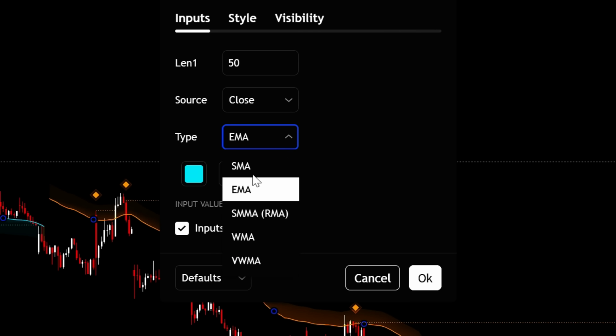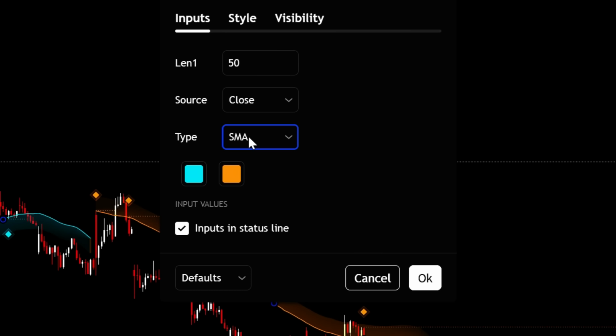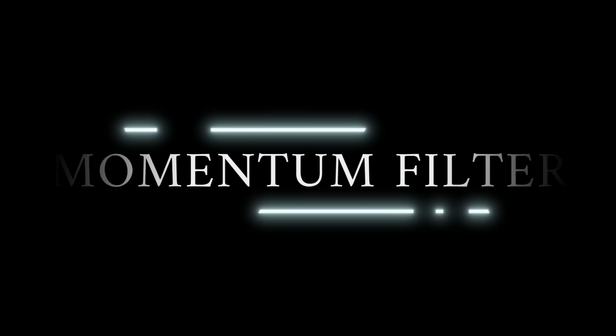That's it. This helps filter short spikes and makes trend detection cleaner. But remember, this cloud mainly shows short-term trends. To see the bigger picture, we need a longer-term momentum filter.